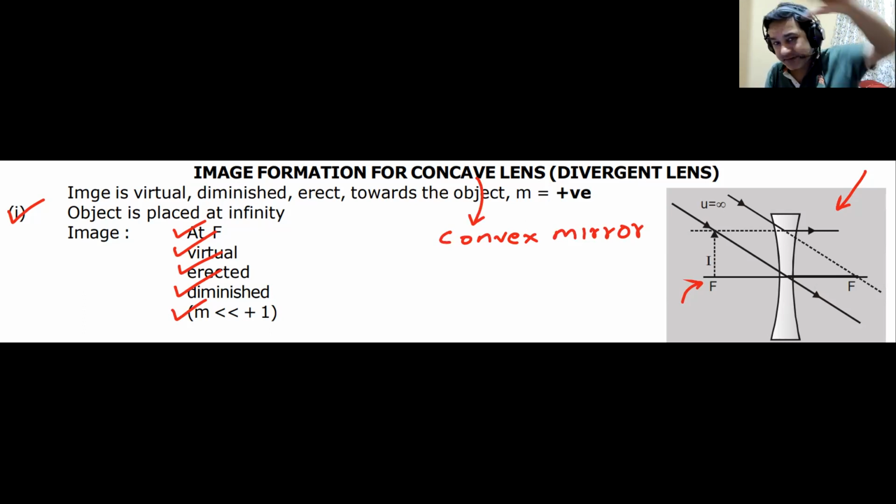A concave mirror is similar to a convex lens. Both are convergent apparatus. A concave lens is same as a convex mirror. Do we understand this? Yes, sir. Please note down the diagram and write where the image is formed.